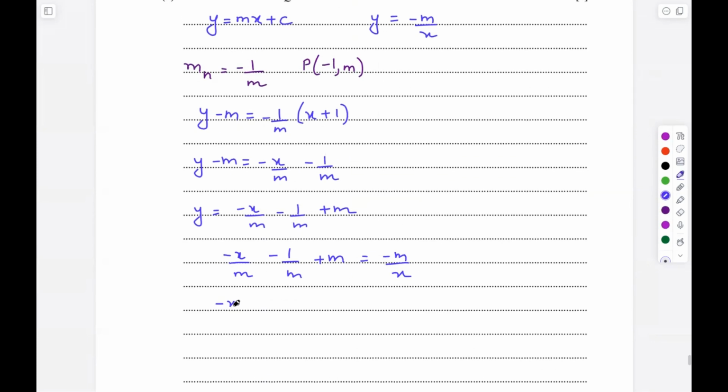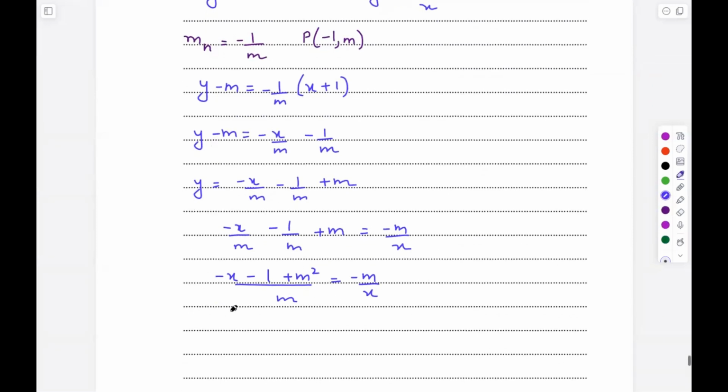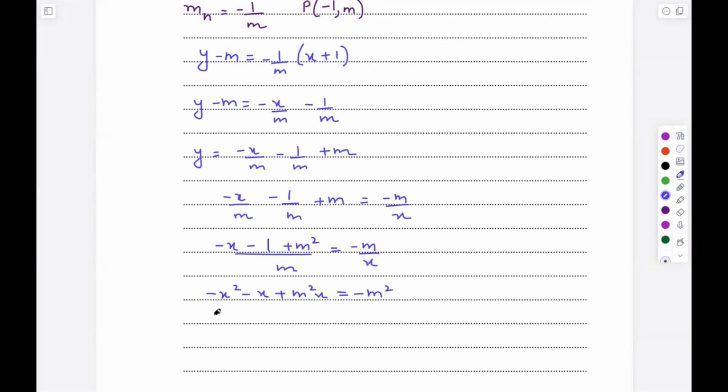Taking the LCM, we'll get minus x minus 1 plus m squared upon m is equal to minus m upon x. Cross multiplying, we'll get minus x squared minus x plus m squared x, and this will be equal to minus m squared. Bringing the m squared to the left hand side, we'll get minus x squared minus x plus m squared x plus m squared equals 0.